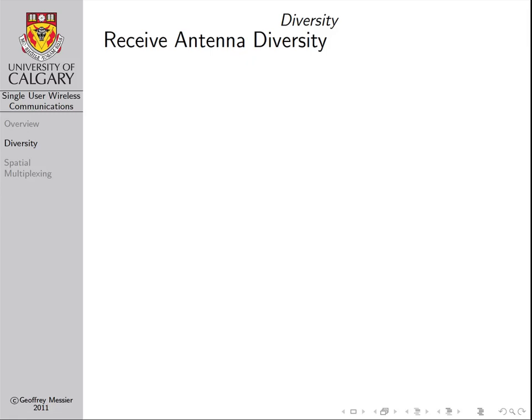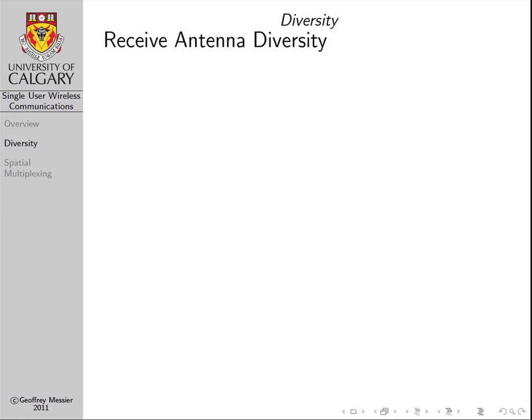And so you can either transmit with multiple antennas or receive with multiple antennas, and you should get different copies of the same symbol traveling over different fading paths. However, as we're going to see, it's much, much easier to implement spatial diversity with multiple antennas at the receiver than it is with multiple antennas at the transmitter.